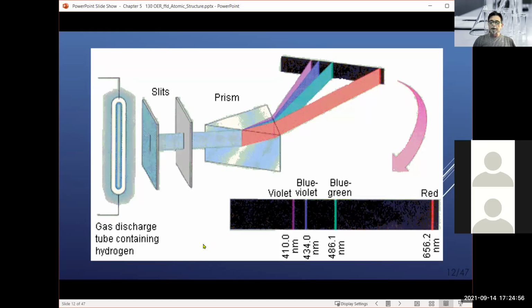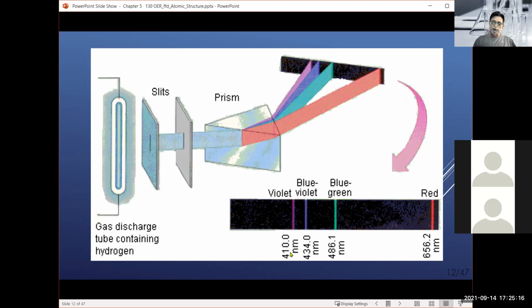This is an example of the line spectrum of hydrogen gas, okay? Very distinct lines, which when you run through the calculations and so forth, you can assign to them a specific wavelength. That wavelength is in nm, called nanometers.